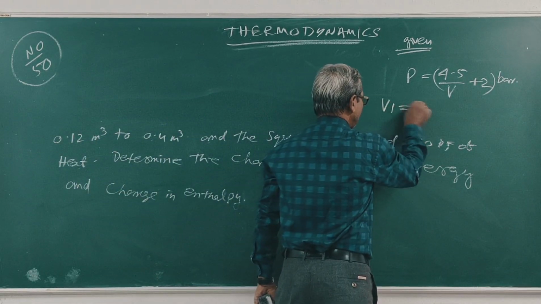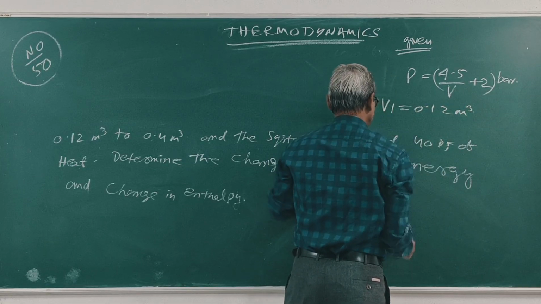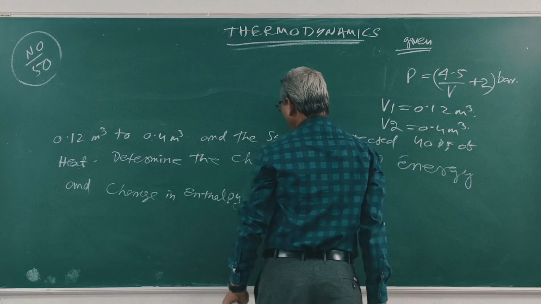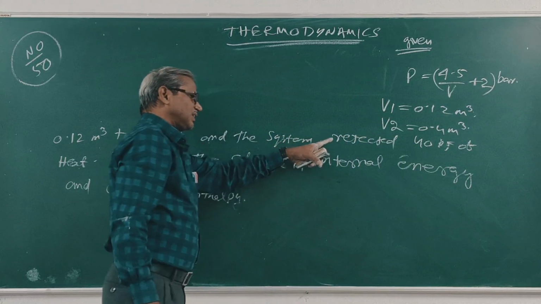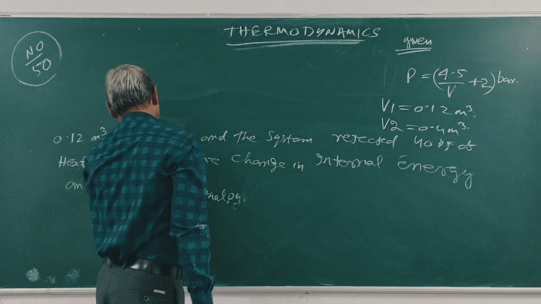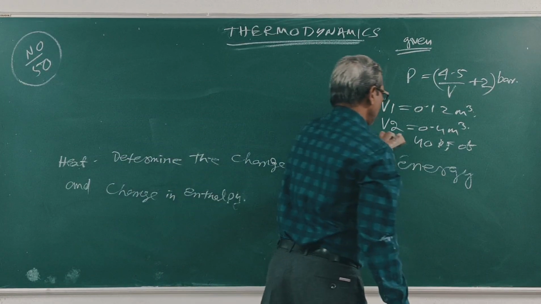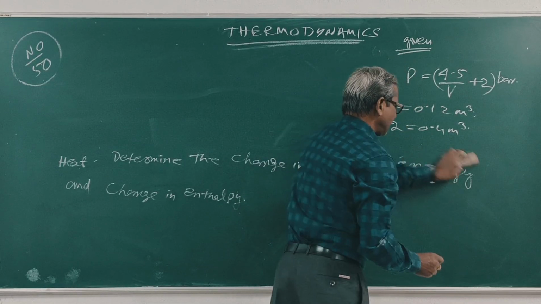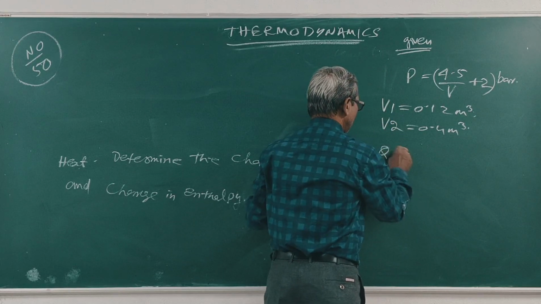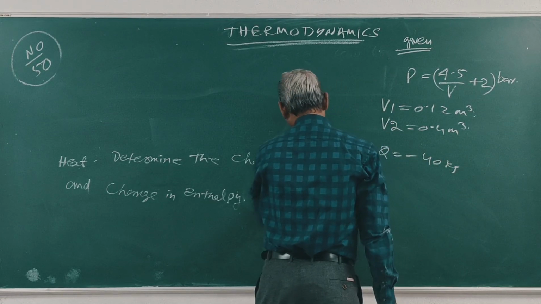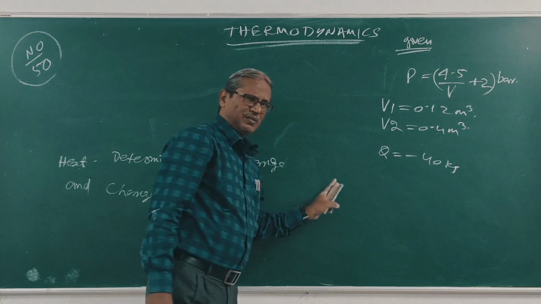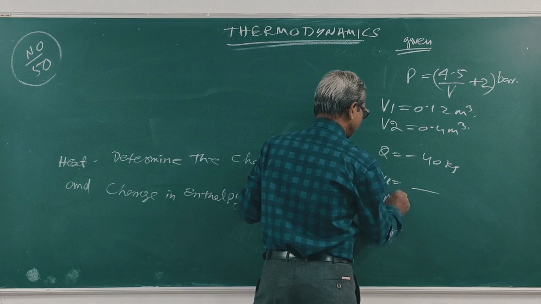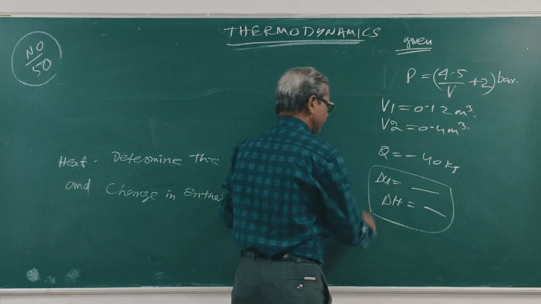That is V1 is equal to 0.1 meter cube and V2 is equal to 0.4 meter cube. Clear? The system rejects 40 kilojoule of heat, so Q is equal to minus 40 kilojoule. Rejected, so negative Q. Find the change in internal energy and change in enthalpy, delta U and delta H. These two quantities can be found.